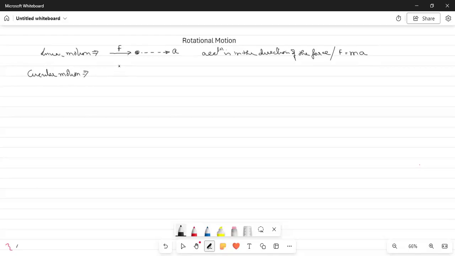We have seen that if there is a body which moves in a circle, with center say O, and the same point body moves around the circle, then there is an angular velocity omega and an angular acceleration alpha.